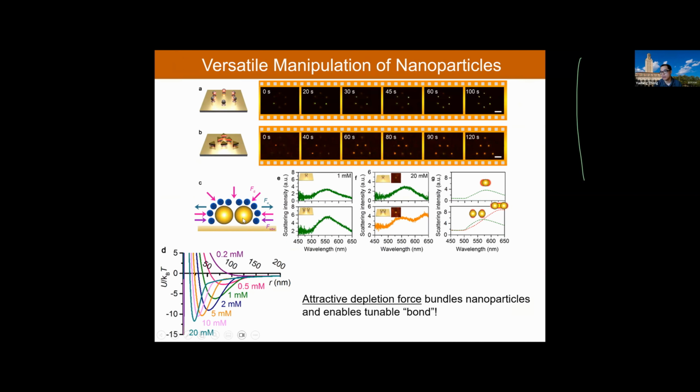When they are close enough, the micelles will not fit into the gap between the two particles. So now you have an imbalanced concentration of micelles, with more micelles surrounding the particle pair. A simple explanation is that the micelles provide Brownian motion that pushes the two particles together, so they will stay there.